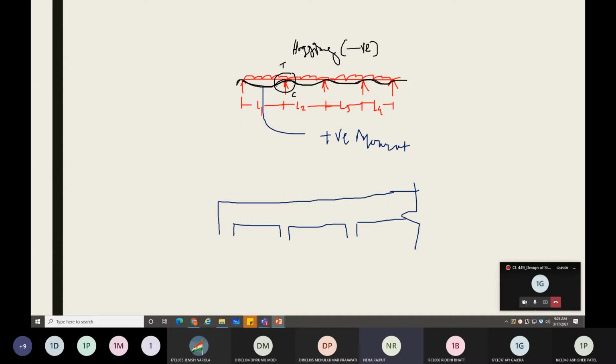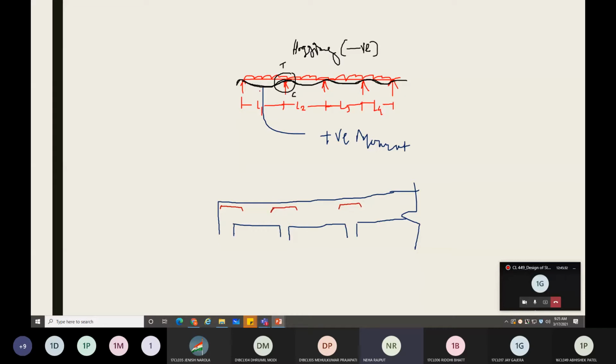Here the support is facing tension at top, compression at bottom, meaning whatever tension reinforcement you find, you are going to provide at the top of the section. Here also you provide at the top of the section. So wherever the support is there, you provide the reinforcement at top, and the distribution or minimum reinforcement at the bottom of the support.